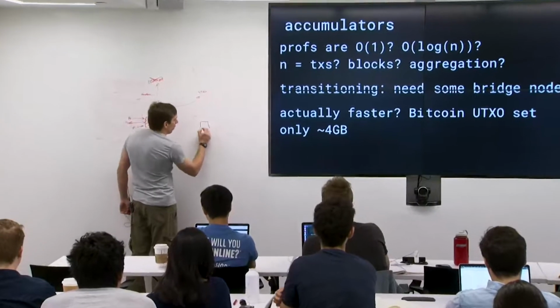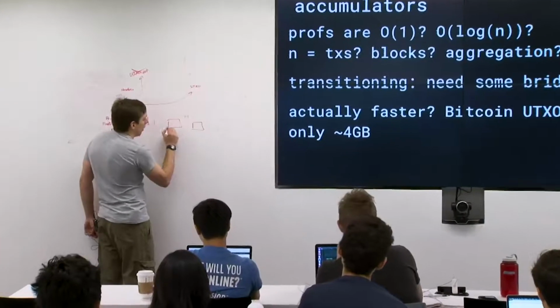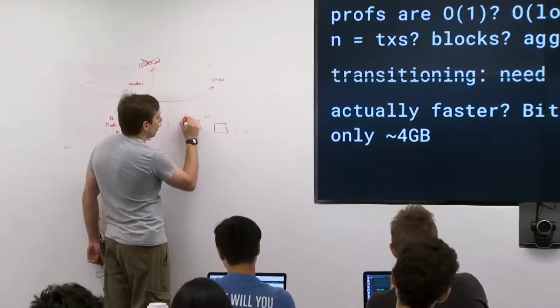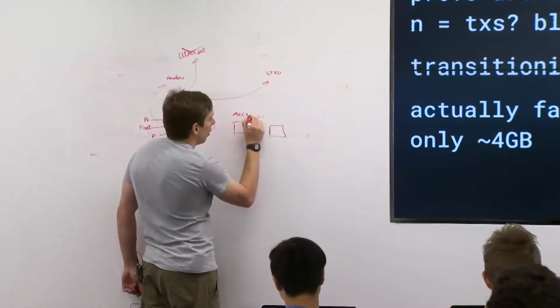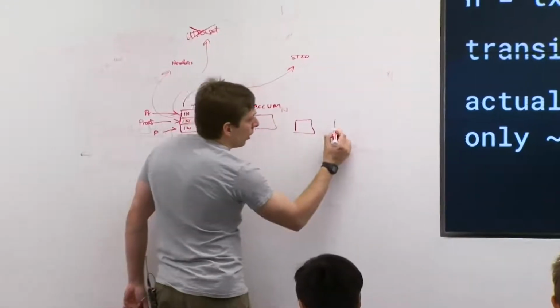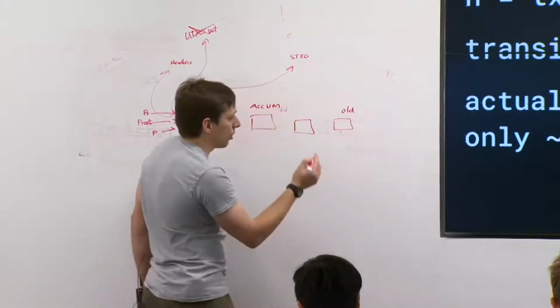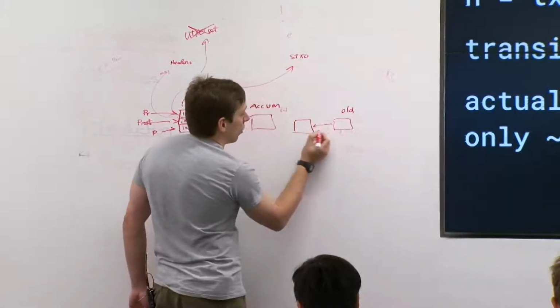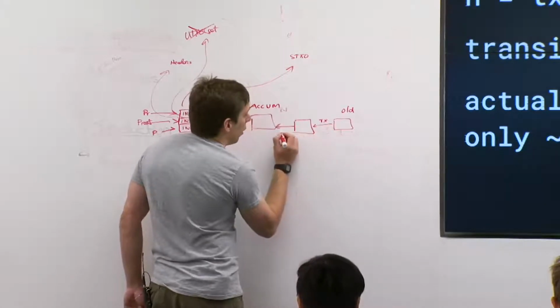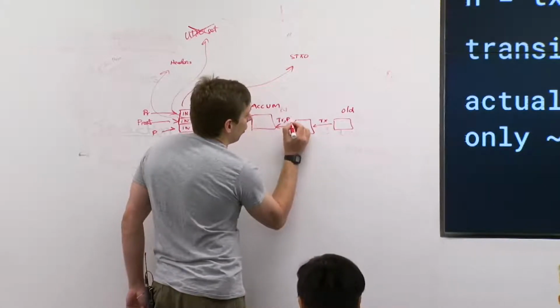And the idea of a bridge node is, so here's an accumulator node where it requires proofs. Here's an old node that just has regular UTXOs. So when the old node sends a transaction, this gives the TX proof, right?